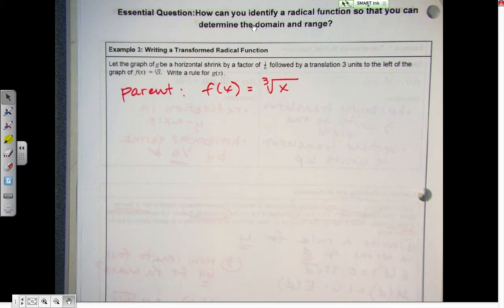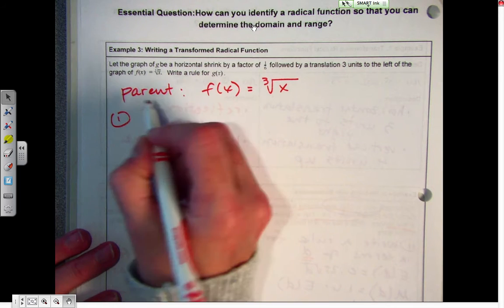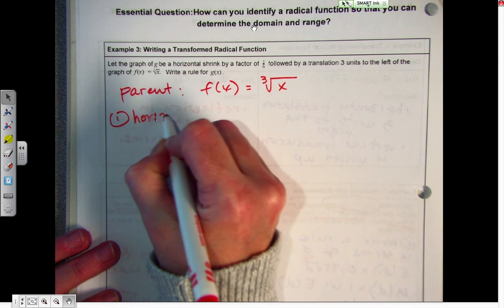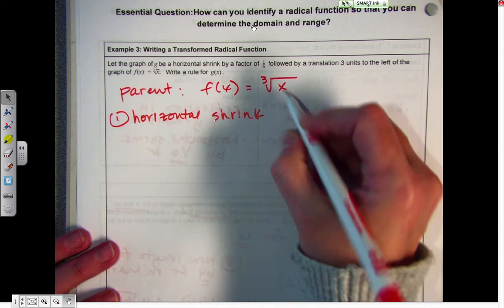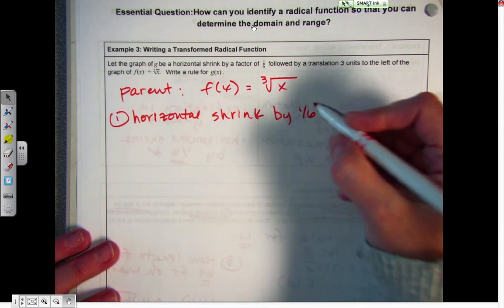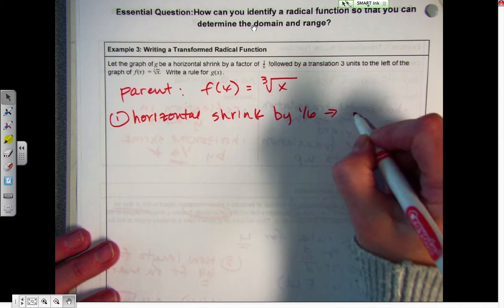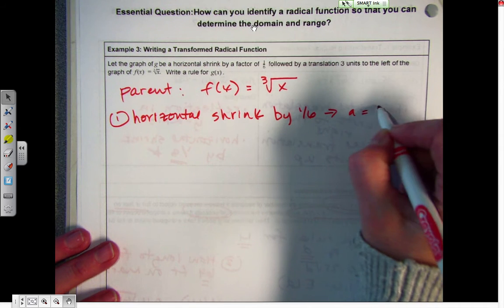So our first thing is horizontal shrink by 1/6 gives us a factor of 6.